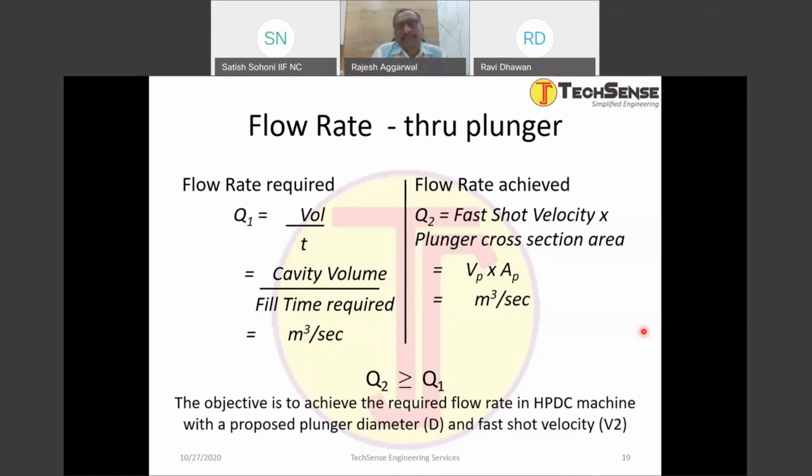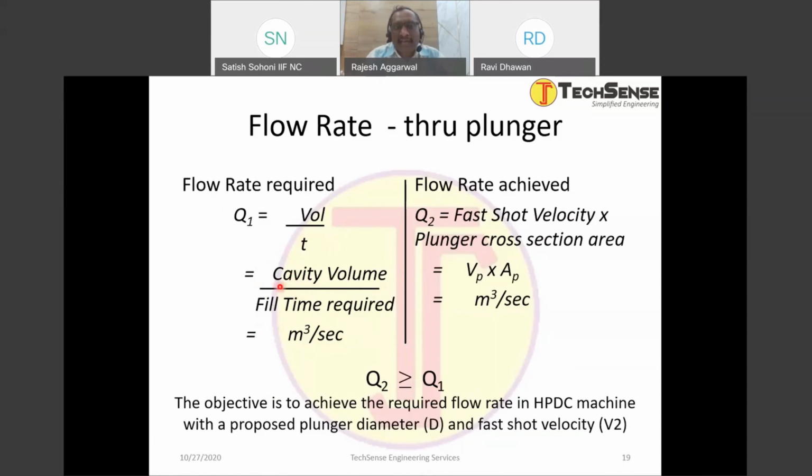So what is the flow rate? The basic definition of the flow rate is the flow of a unit of volume per unit of time. The volume over here is the cavity volume. In the die casting process, all our calculations and understanding start from the gate, so the volume after the gate.